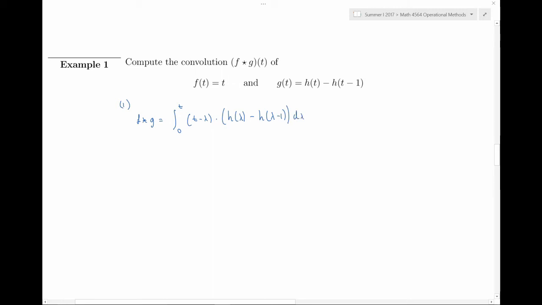Since h of lambda is always going to be 1, we can change it to 1. And the function h of lambda minus 1 is going to be 0 until we reach lambda equals 1. So we can break it into two intervals.